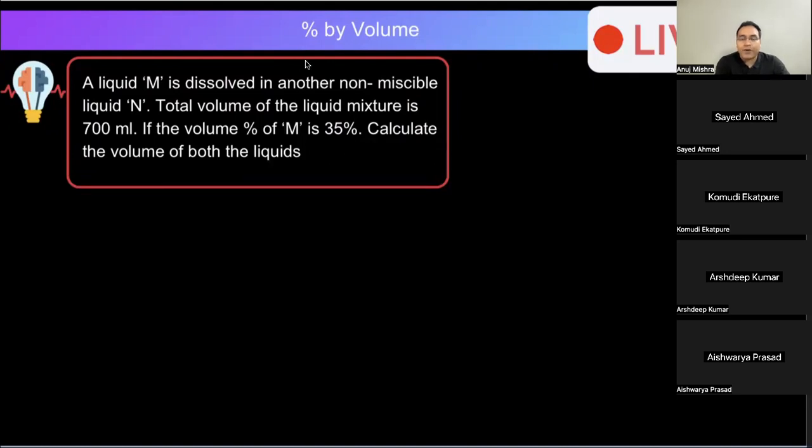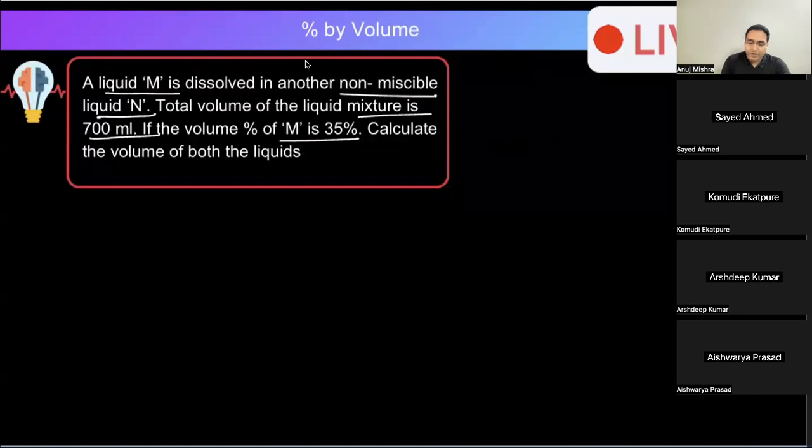Every time when you read a question, always try to underline key points. Non-miscible means liquids which do not get mixed easily. Total volume of the mixture is 700 ml and M is 35% by volume; find the volume of both the liquids. Try to solve.